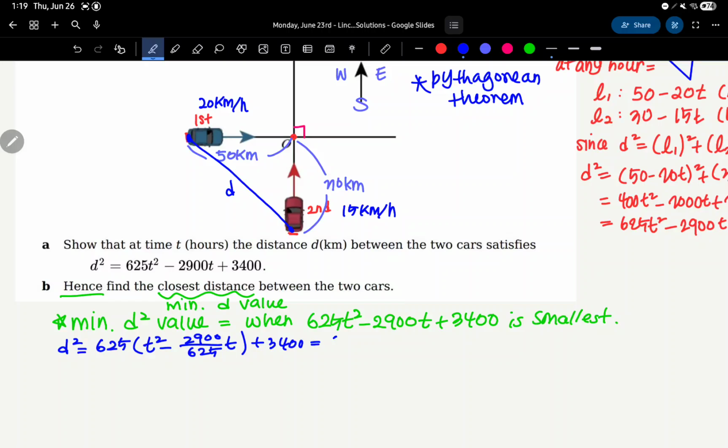And if I do the math, it's going to look like 625 parentheses t squared minus 116 over 25t plus 58 over 25 squared. And if I take the minus 58 over 25 squared out of the parentheses, it's going to multiply by 625.